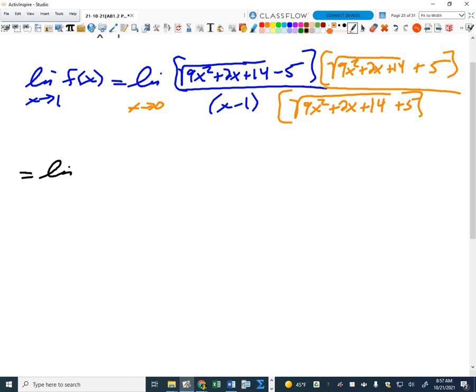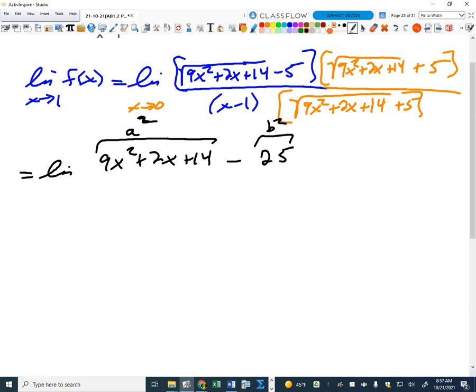A squared minus b squared. A squared minus b squared, right? On the bottom, we're getting all this stuff times that whole big thing, right?